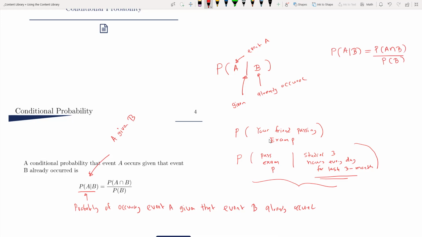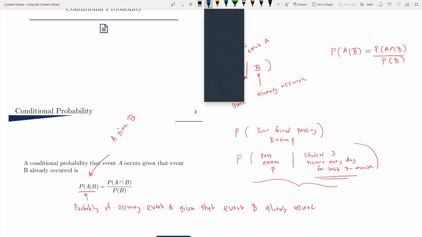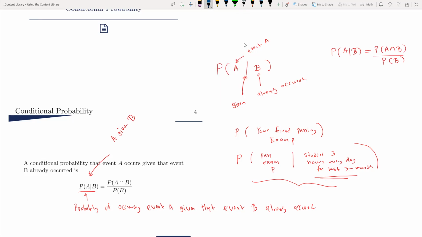Now let's say you change the given event. For example, you change B to be A and A to be B. Then the probability of B occurring given that A occurred is probability of B and A divided by probability of A. So you can see the difference. They are not the same.